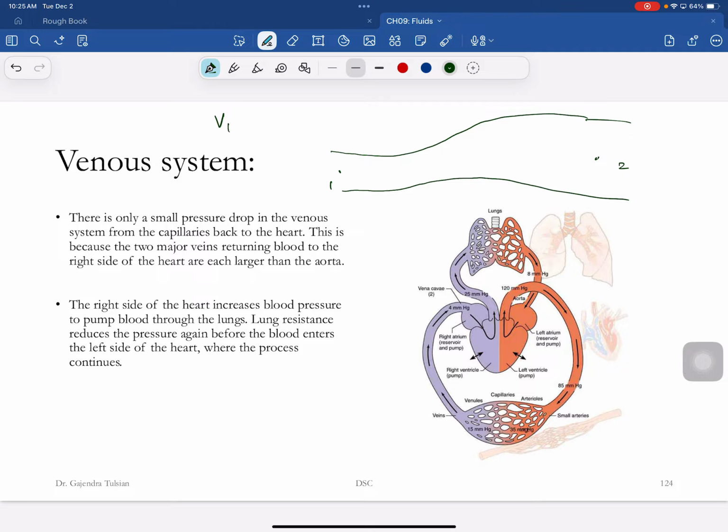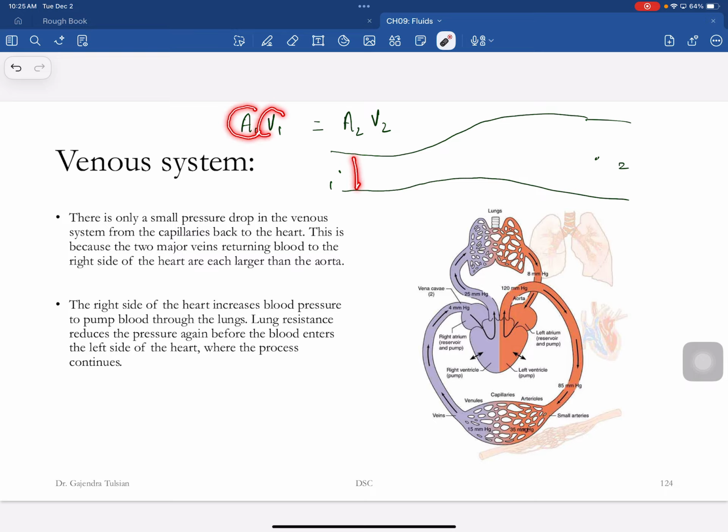Flow rate is A1 times V1, equal to A2 times V2. A1 is the area of cross section and V1 is the speed there. This just tells you how many gallons are flowing in a second, and that's how many gallons have to flow out a second. A2 is the area there and V2 is the speed there.